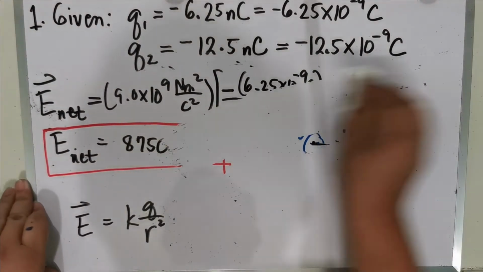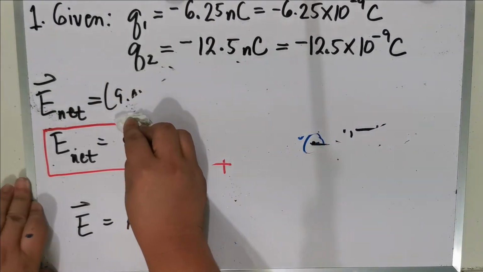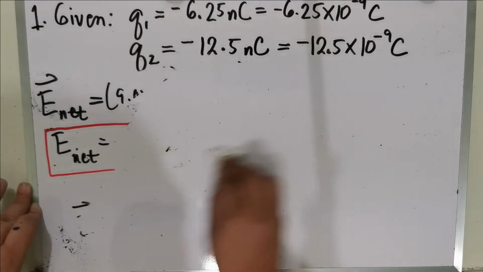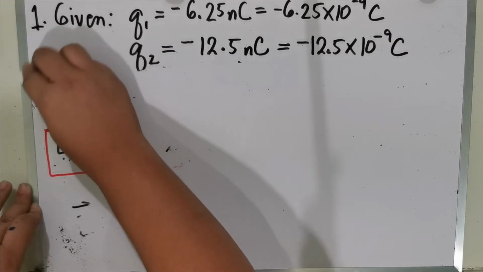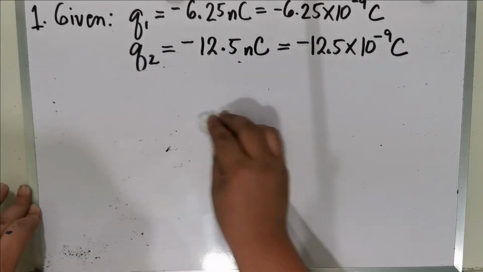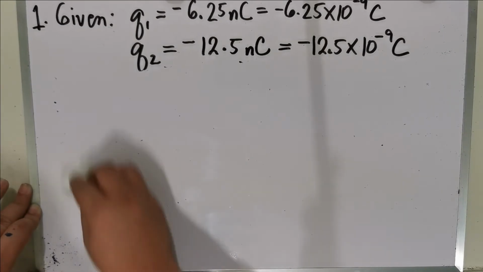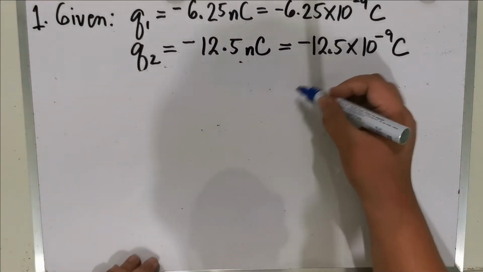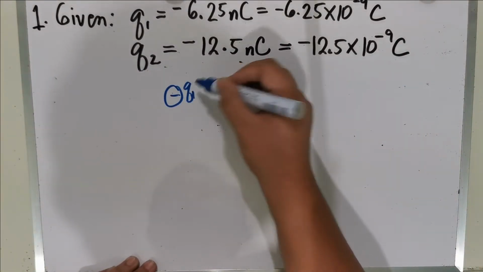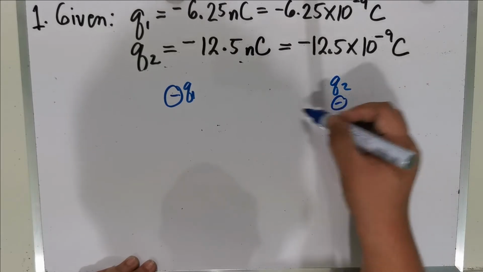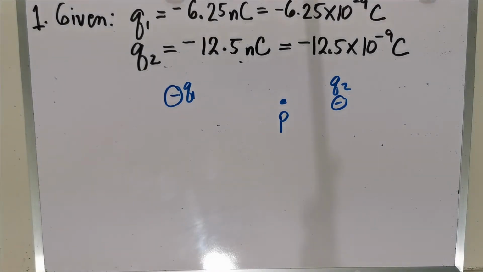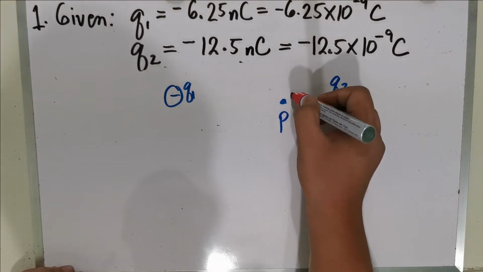In letter C, the question was to what would be the magnitude, or to find the magnitude and direction of the electric force that this combination of charges would produce at point, would produce on a proton at point P. So here at point P, diba, remember that this is now your Q1 and this is your Q sub 2 and this is the point P. At point P, we will now assume nga naatay ibutang dira nga another charge which is a proton, or ang charge nga proton is atong ibutang diari nga location.